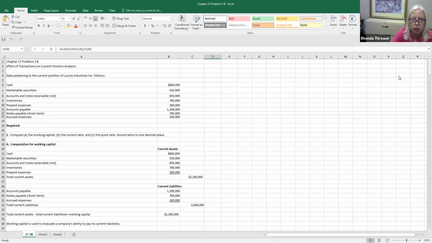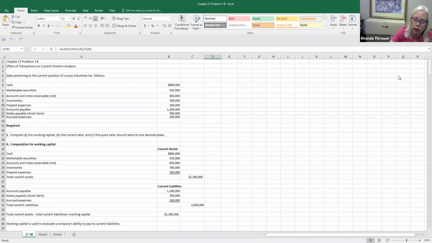In the next journal entry, we paid cash for our prepaid expenses. Again, we exchanged one asset for another asset. And so the total of our current assets would not change. But the amounts would change for your quick assets in this case.